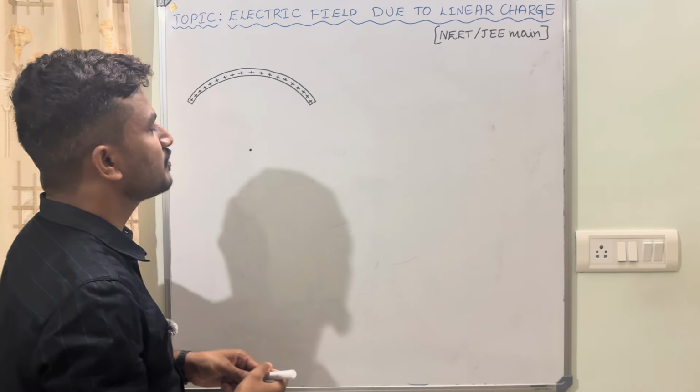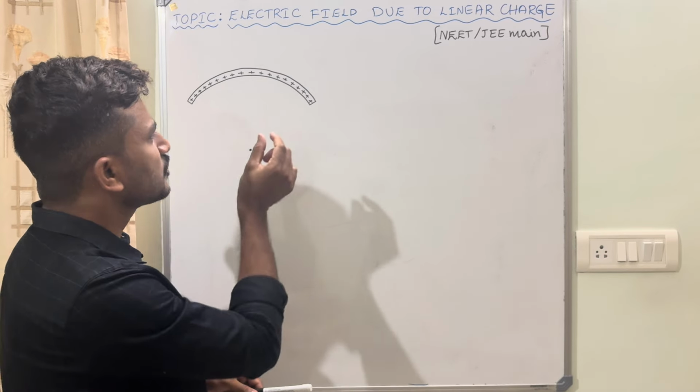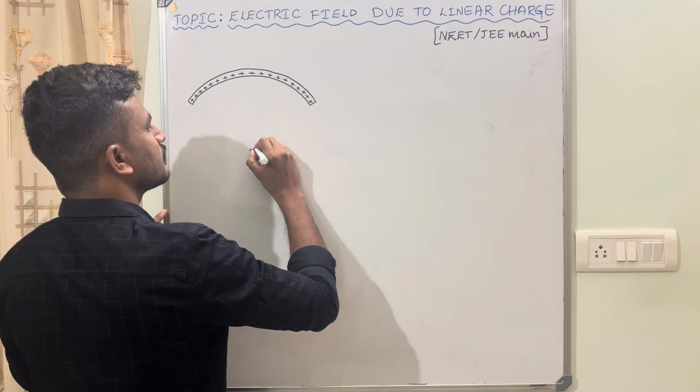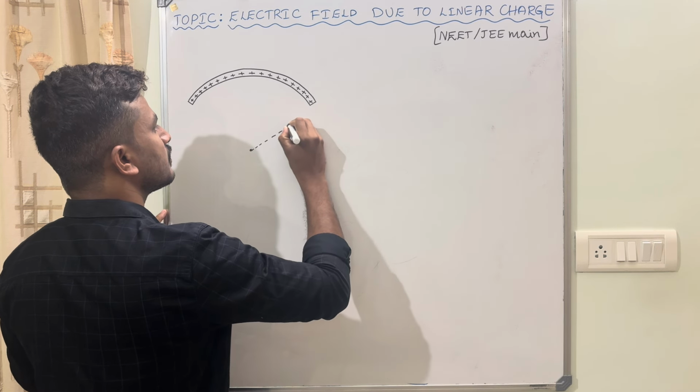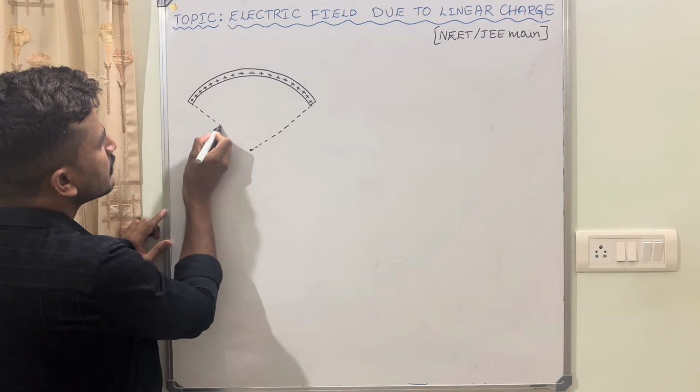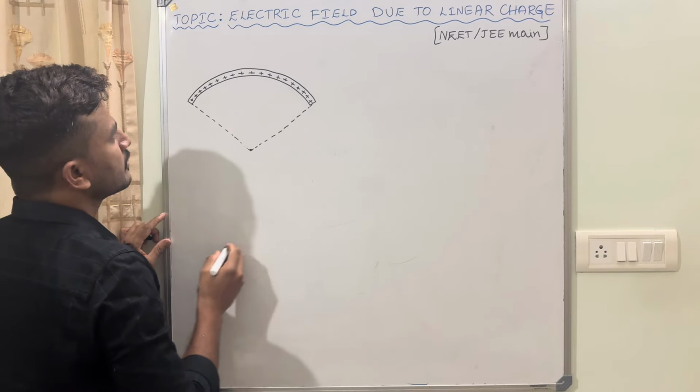Similarly, as we did in the last class, you can take a small charge element. Let me consider a line joining this end and one more line joining this end.